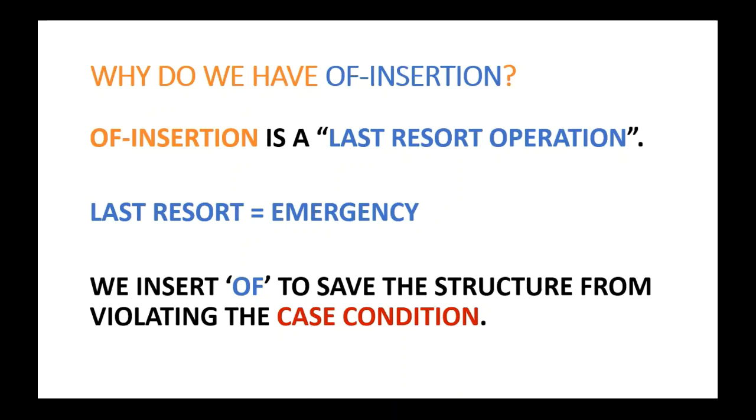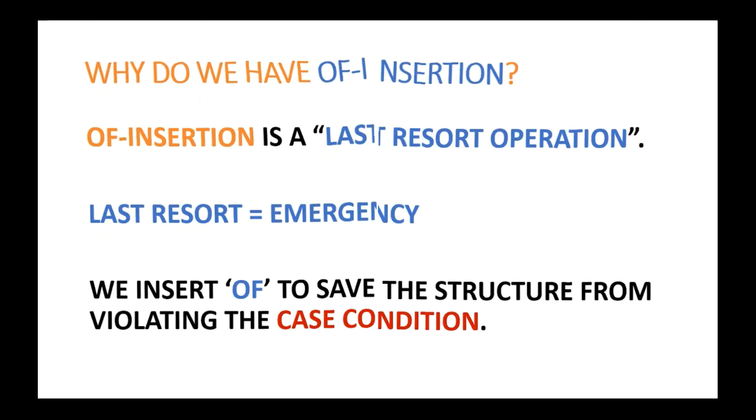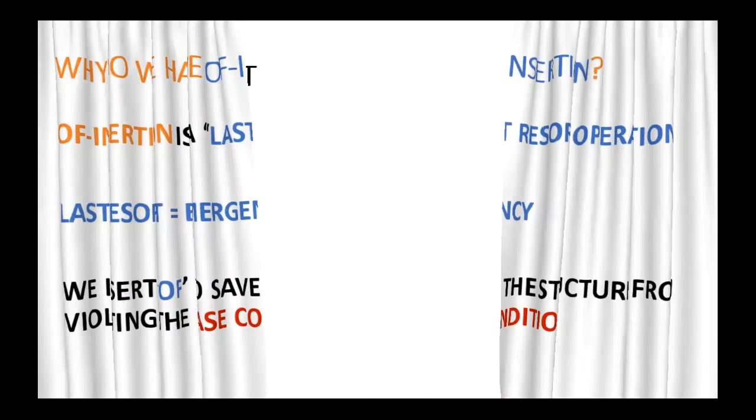So we insert of to save the structure from violating the case condition, okay? So this is what we call a last resort operation, okay? Very important, last resort operation, okay? That's the technical term. All right, so I guess we are done.